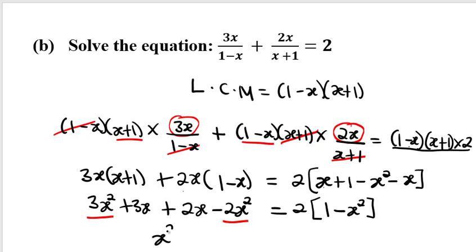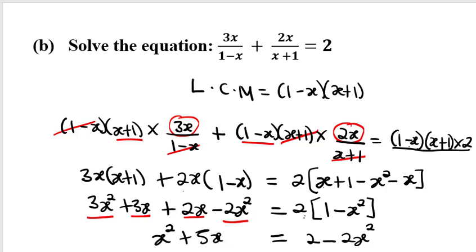Once again, 3x and 2x are like terms, so we add them, and that is going to give us 5x. Okay, this will be equal to 2 times 1 will give us 2, and 2 times minus x squared will give us minus 2x squared. So let's rearrange the terms.